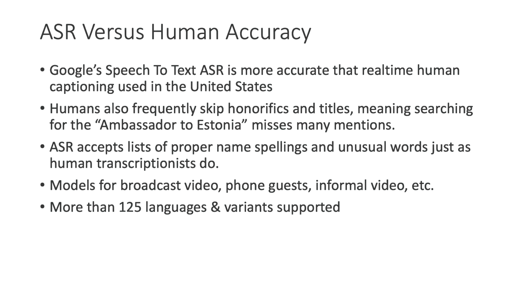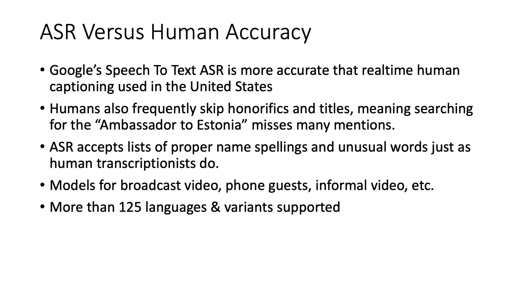Again, the human transcriptions are oftentimes given the names ahead of time. Same thing for the machine. If you have a list of the names that will appear in a broadcast, you can hand those to it so it knows how to spell those correctly. That's not to say that there's no error. There certainly is error, but it matches what we get from humans. ASR today has reached a point where we can actually use it for live captioning of television news.